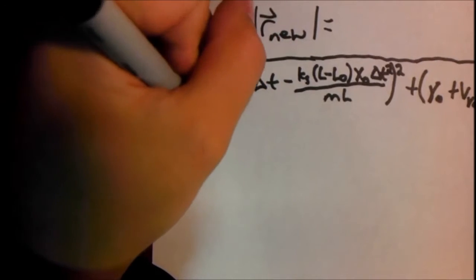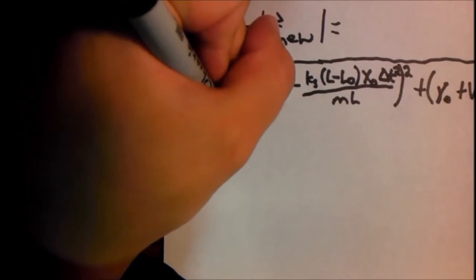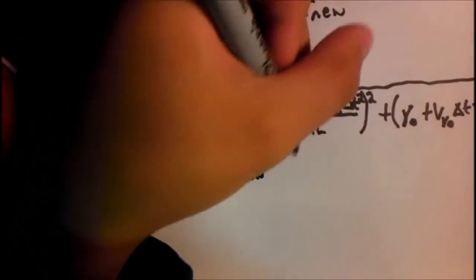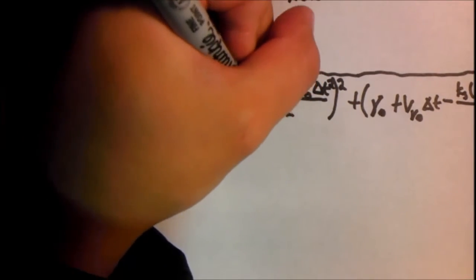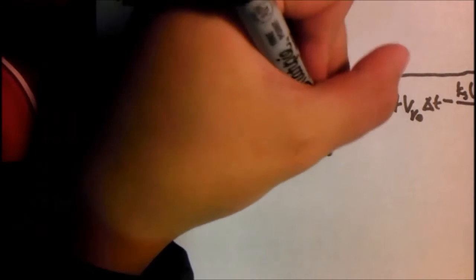So in order to find the force, recall the force of the spring, which is the same as the net force, new, equals negative Ks times L minus L naught, or L new minus L naught, times L new hat.